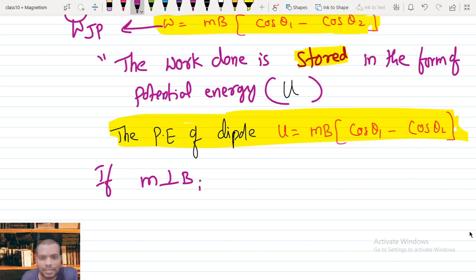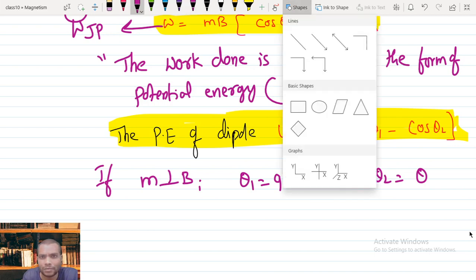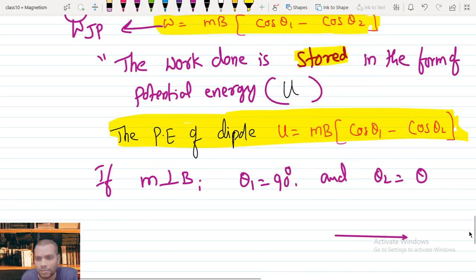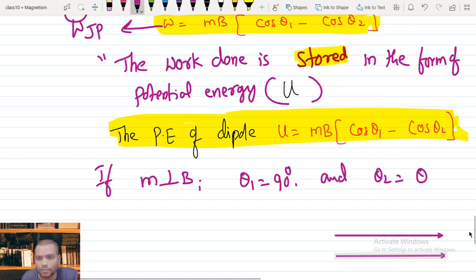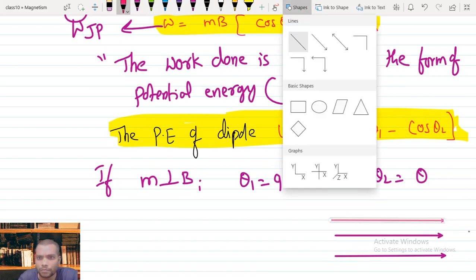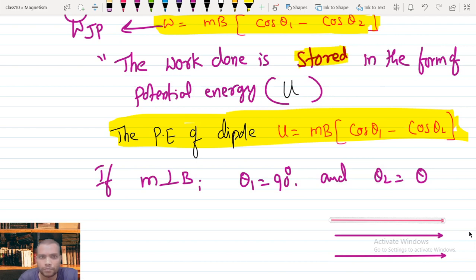In that case, I take theta 1 equal to 90 degrees and theta 2 equal to any angle theta. If I draw that in a figure to make you understand, this is the magnetic field. In this magnetic field, I keep a magnetic dipole.